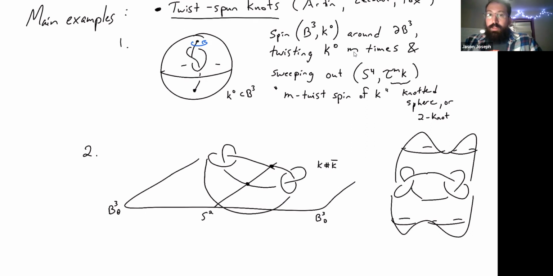And that way, I think, makes the bridge number a little bit easier to understand, because in this half spun disk, what are the minima? They are the index 0 critical points of the knot in B^3. So 1-dimensional minima become 2-dimensional minima.